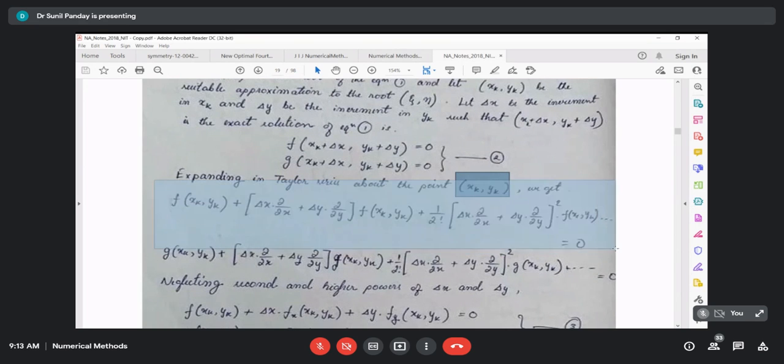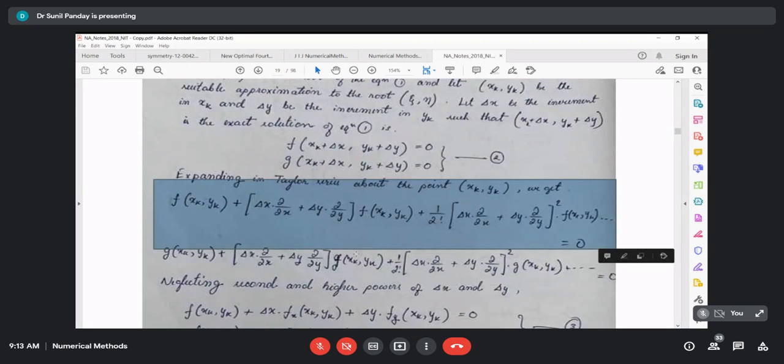This is the definition: f of xk, yk, plus delta x del over del x plus delta y del over del y operating on f, then 1 upon 2 factorial times delta x del over del x plus delta y del over del y raised to power 2 on f, and so on. This is the two-dimensional Taylor series expansion of this function.